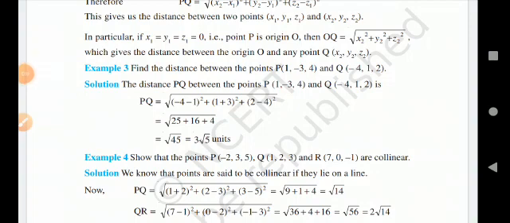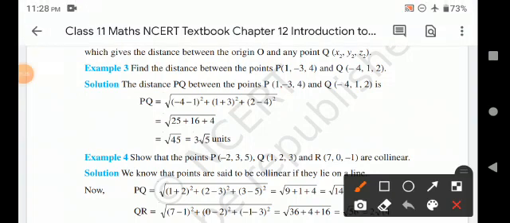Dear students, let me begin with a few examples to find the distance between 2 points by using the distance formula. Find the distance between the two line joining points P (1, minus 3, 4) and Q (minus 4, 1, 2).